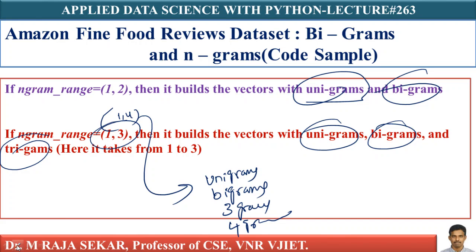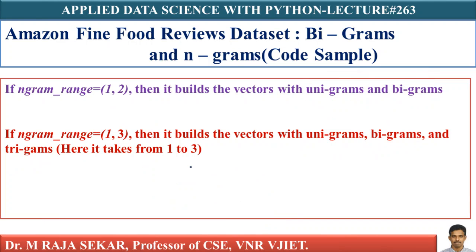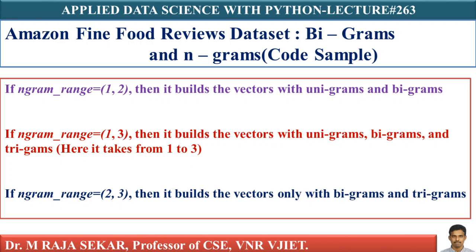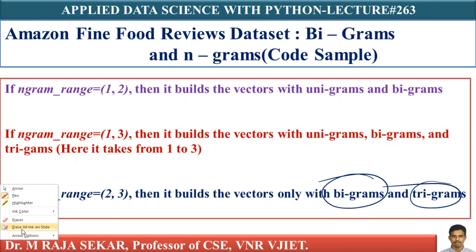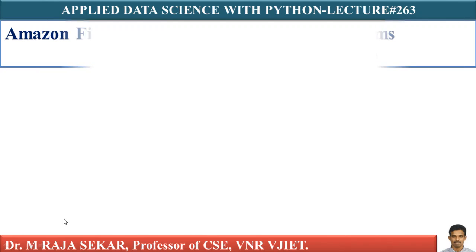It's simple and straightforward. Anybody can understand this. If n-gram underscore range is 2, 3, you will get bigrams and trigrams, isn't it?